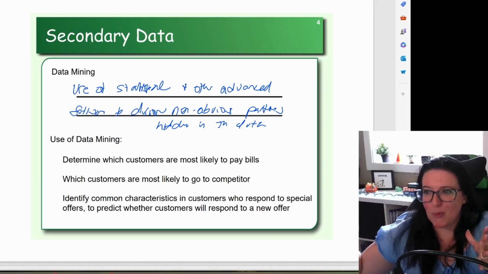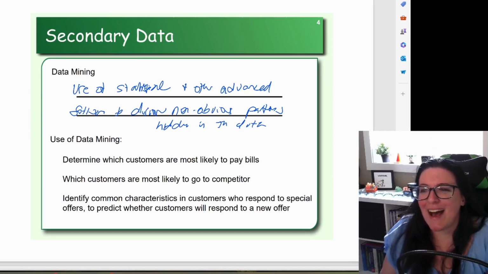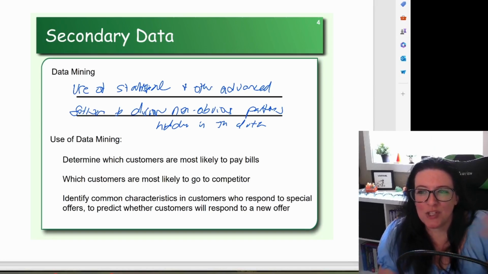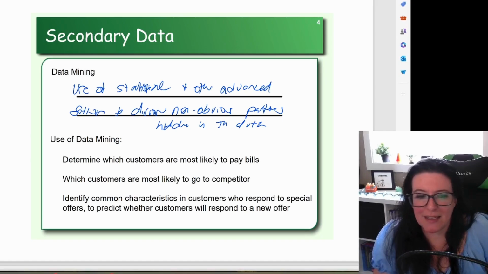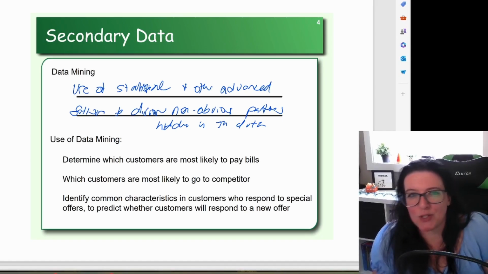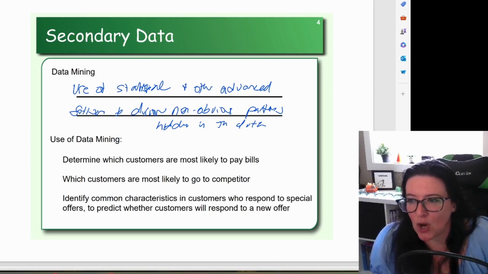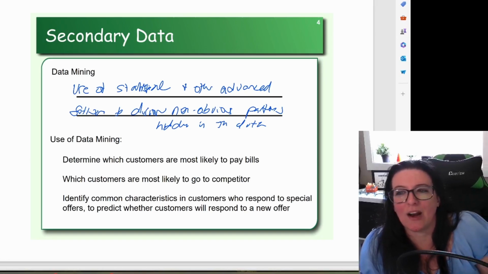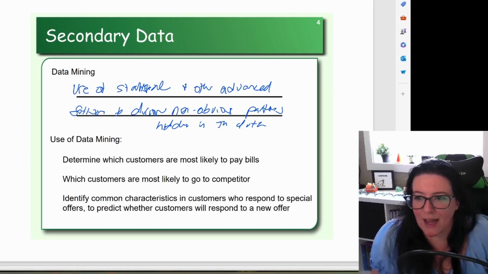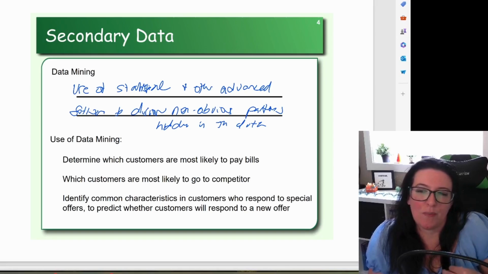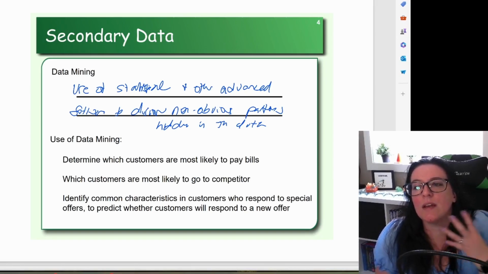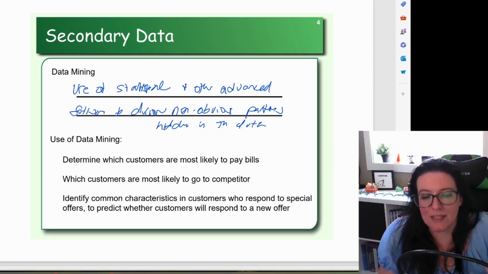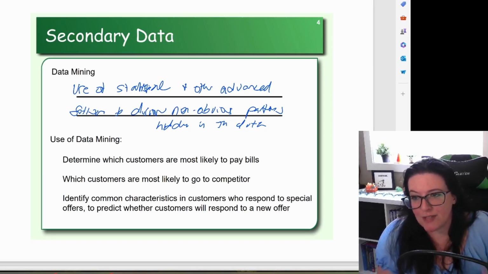So we'll get there. When we use data mining, we can determine which customers are most likely to pay bills, which customers are more likely to leave and go to a competitor, which ones are going to turn into long-term champions for our organization, what are some common characteristics for our clients. Certain people we work with prefer certain services, and so we can find those patterns in the data through the process of data mining.